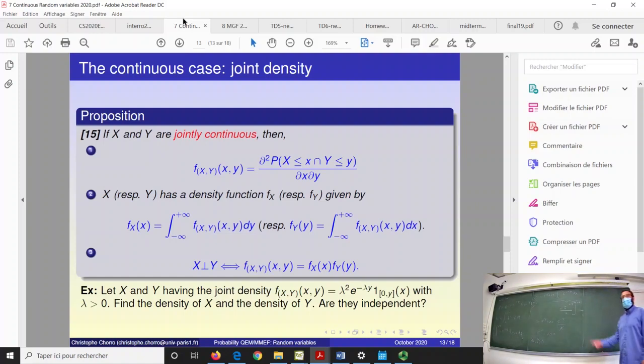For the other one, the density of y is given by the integral of the joint density function with respect to x.